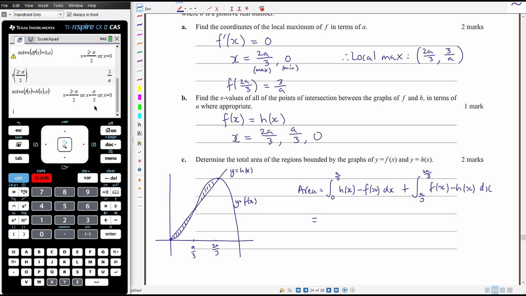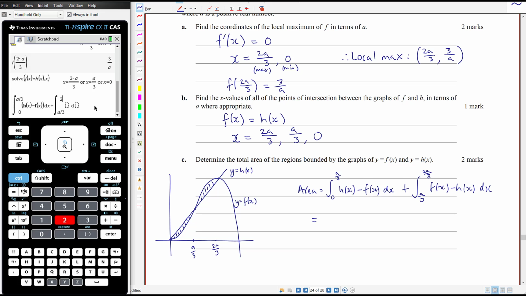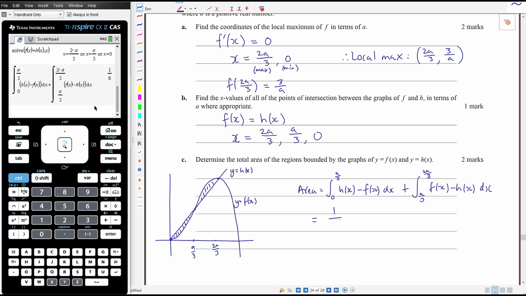Okay, so let's work that out. The integral from 0 to a on 3 of h of x minus f of x dx, plus another integral from a on 3 up to 2a on 3 of f of x minus h of x dx, which is 1/8.